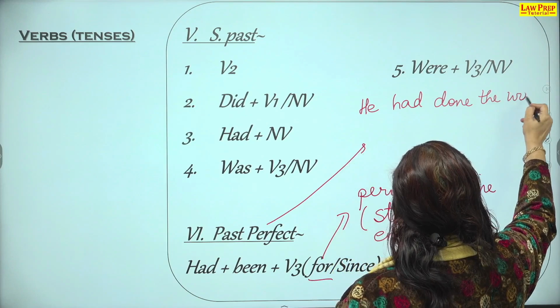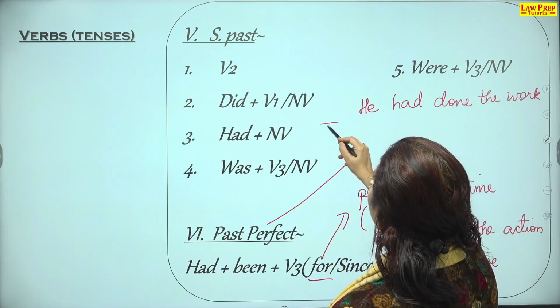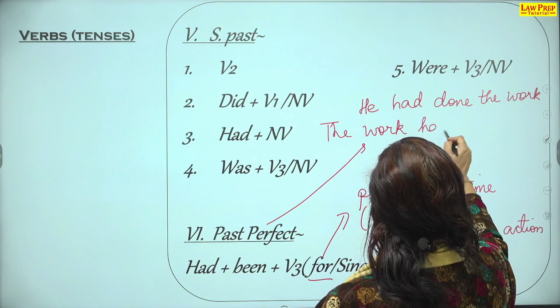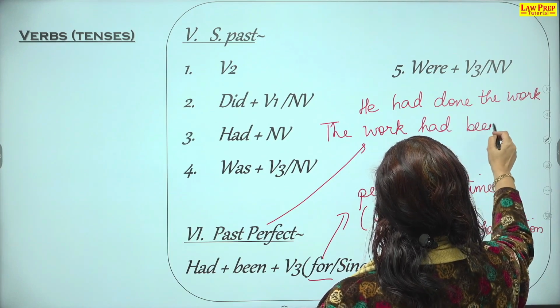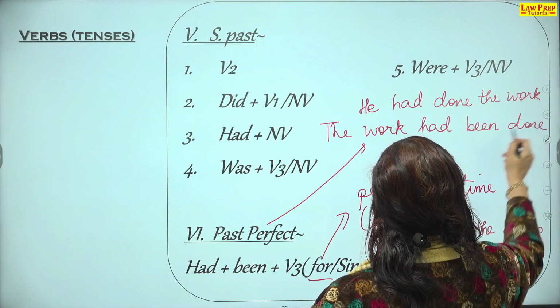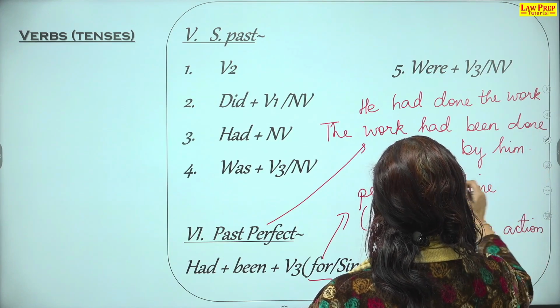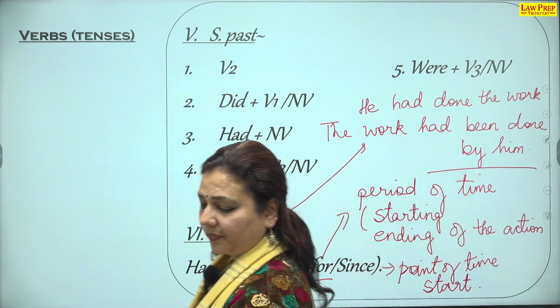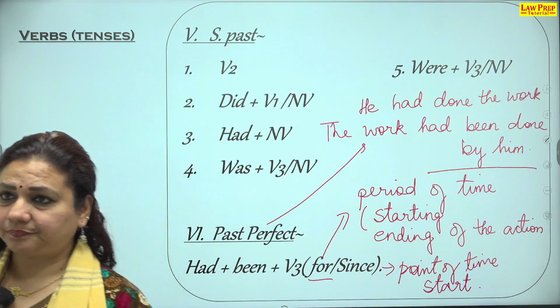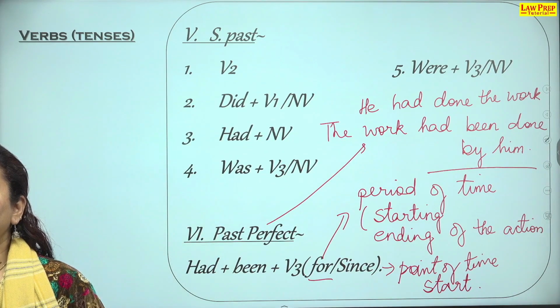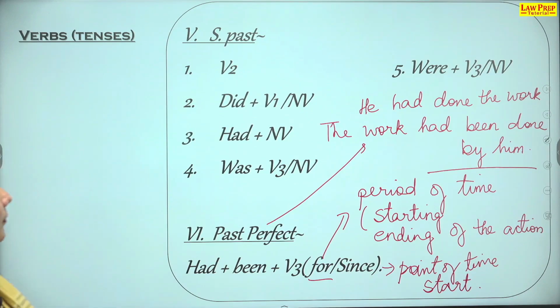When we change it into passive voice, the work had been done by him. I hope this is clear to you now. You've understood it thoroughly. Wonderful. Let's move to the next one.